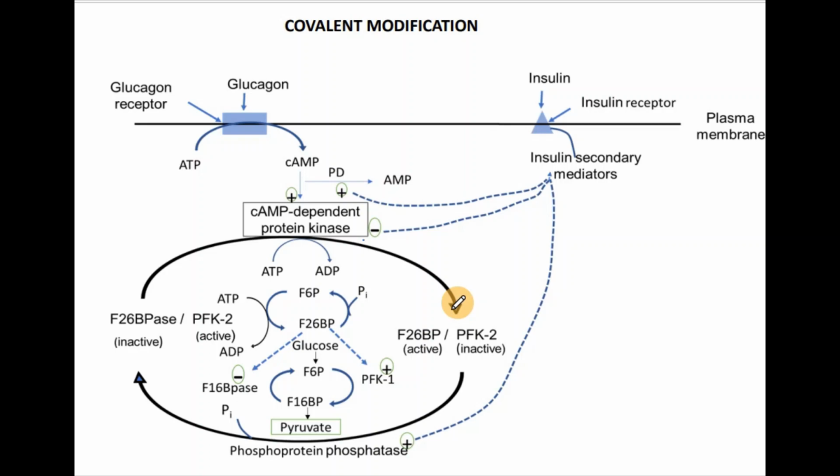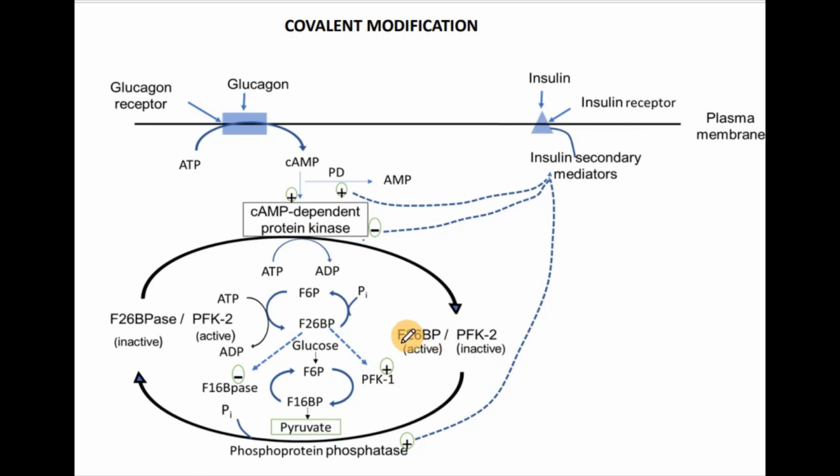Bear in mind, whenever there is phosphorylation of the bifunctional enzyme, as we discussed earlier, fructose 2,6-bisphosphatase is active, but PFK2 is inactive. Whenever we phosphorylate the bifunctional enzyme, we add a phosphate group to it. That's one protein with two active site enzymes.